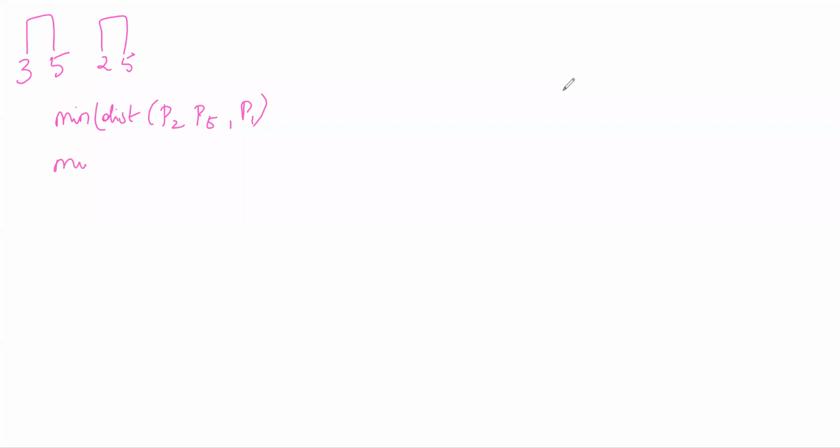Again, identify the minimum distance of P2 to P5. I cannot take P2, so I'll take P3, comma P6, and minimum distance of P2, comma P5 with P4.